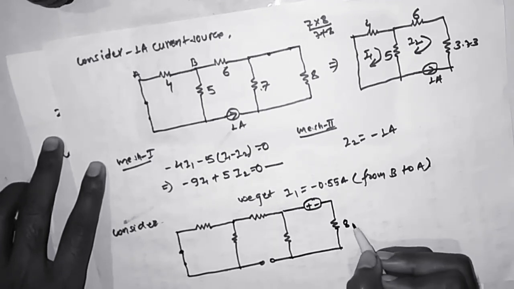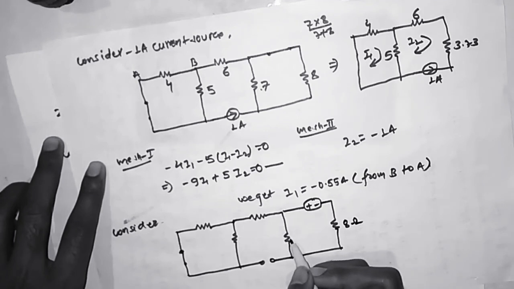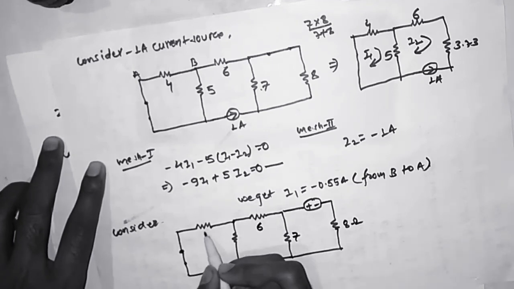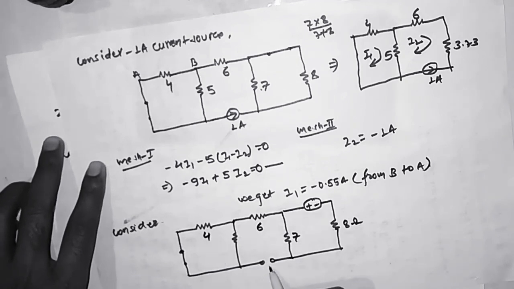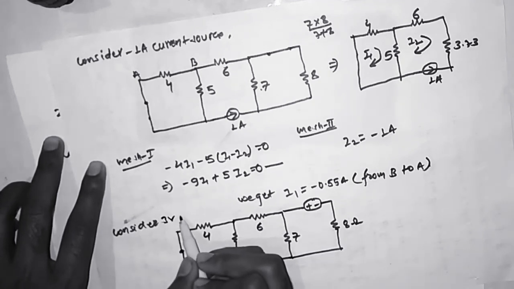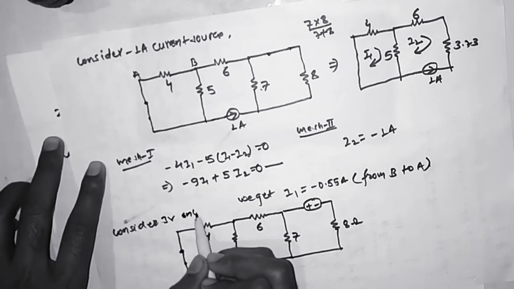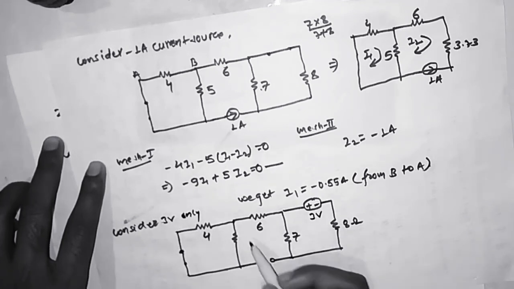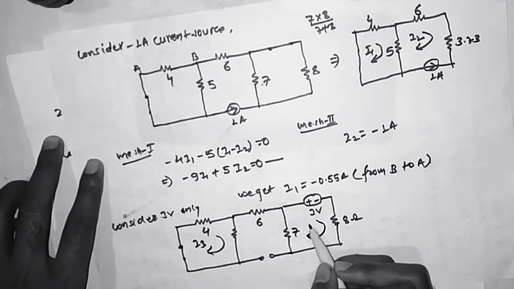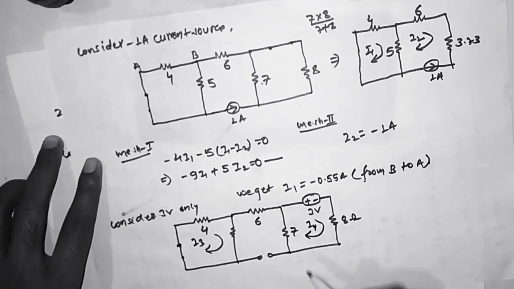Here we have 8 ohm, 7, 6, 4 ohm, the current source open circuited, and the other voltage source short circuited. We have considered the 3 volt source only. Let us assume the mesh currents as I3 and I4.